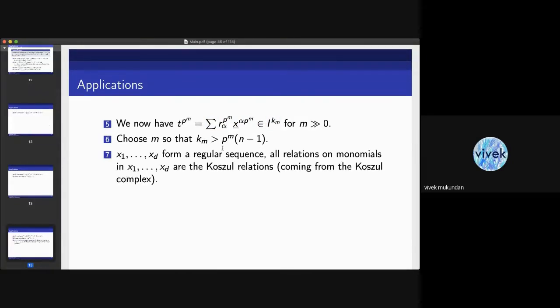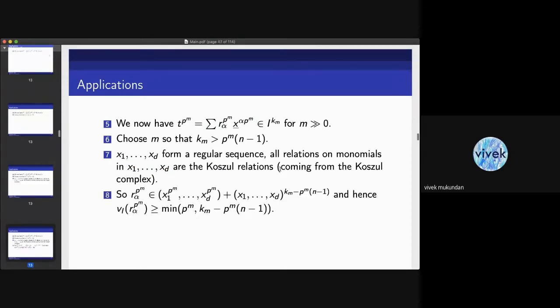So now, if you write this guy as a combination of the generators of I^(k_m), and then subtract it out and form an equation equal to 0, and use the fact that x_1 up to x_d forms a regular sequence, all relations among the monomials of x_1 up to x_d are basically the Koszul relations. So r_alpha^(p^m), the coefficient, actually lies in (x_1^(p^m), ..., x_d^(p^m)) and (x_1, ..., x_d)^(k_m - p^m(n-1)).